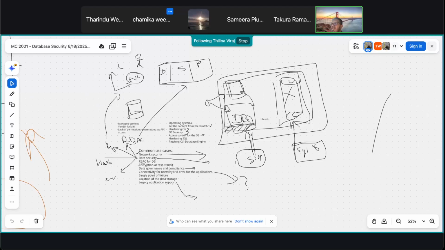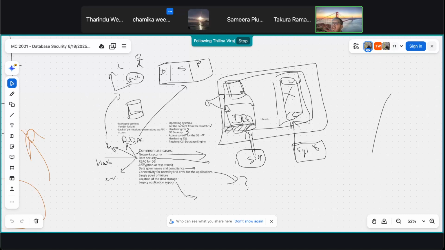Not just OS patching, you have to patch the database engine as well. Again, it is much easier to patch an operating system than to patch a database. From the experience I'm telling, that's the scenario we have been through.